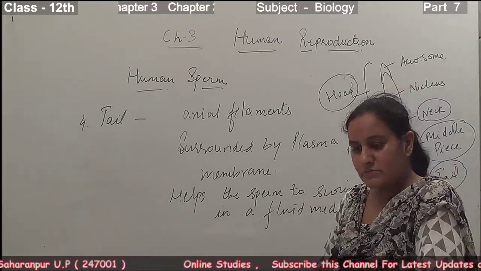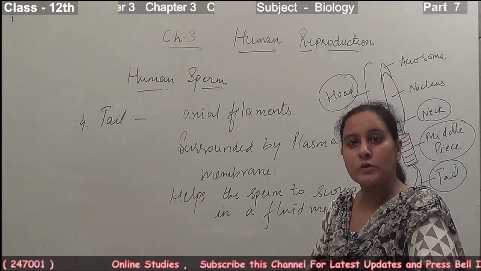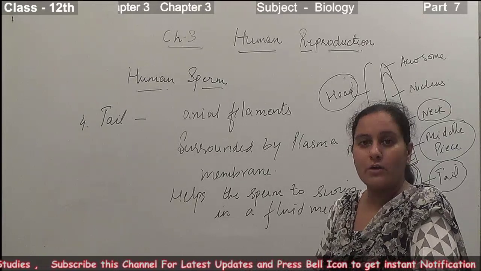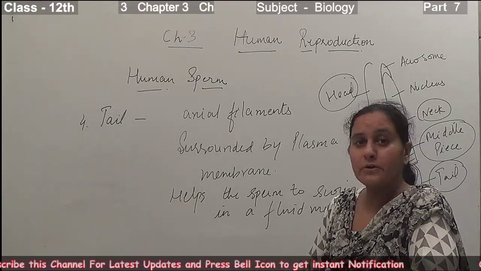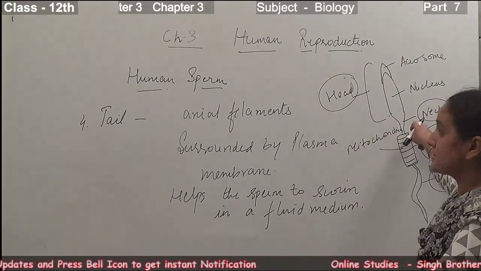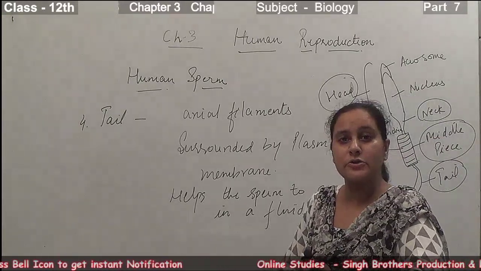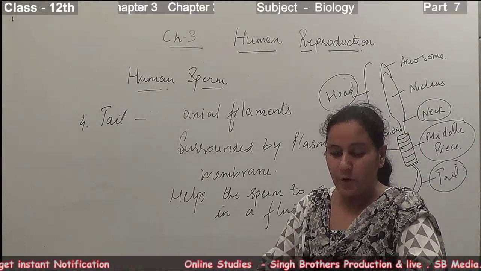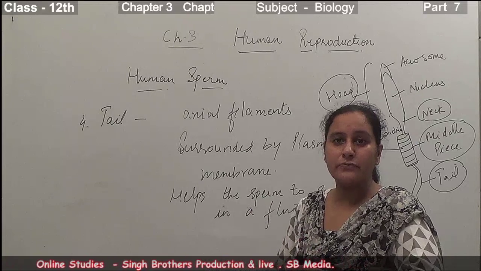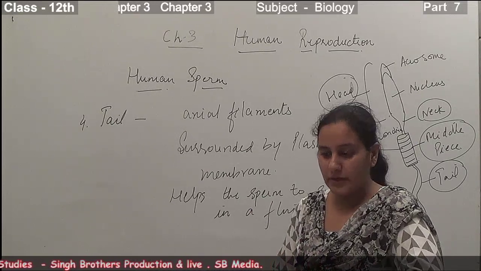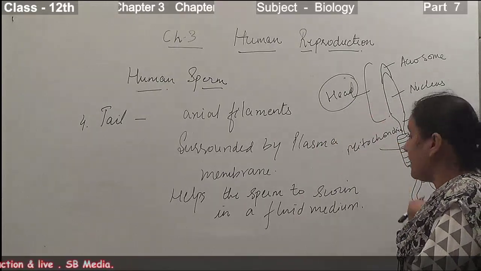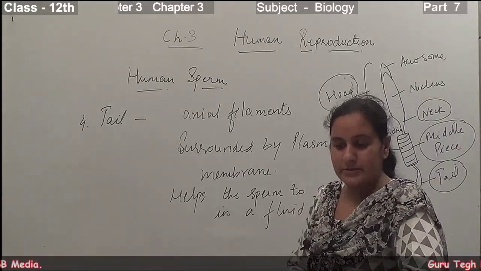It consists of the hydrolytic enzymes that help in fertilization by dissolving the membrane of the ovum. Second part is the neck. It consists of two parts, the proximal centriole and the distal centriole. The proximal centriole is required for the very first cleavage division of the zygote, while the distal centriole is connected to the tail filament.